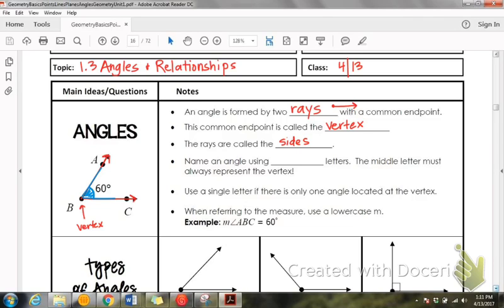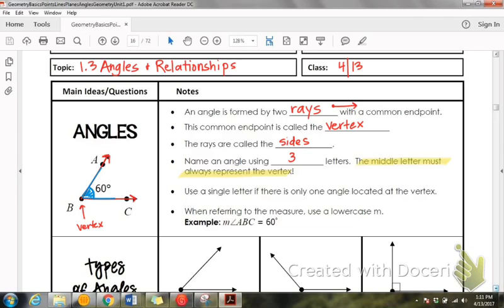We name an angle using three letters, always. And the middle letter must always represent the vertex. I cannot stress this enough.